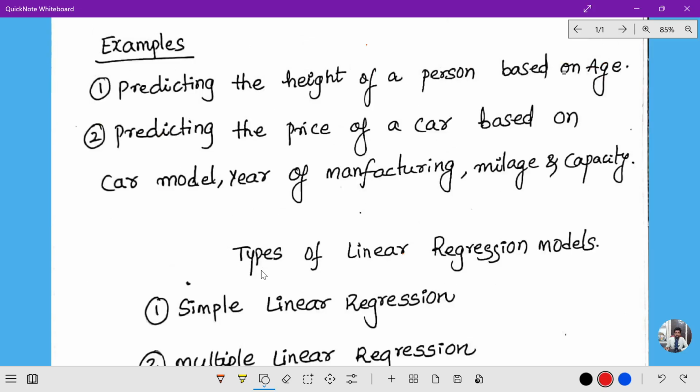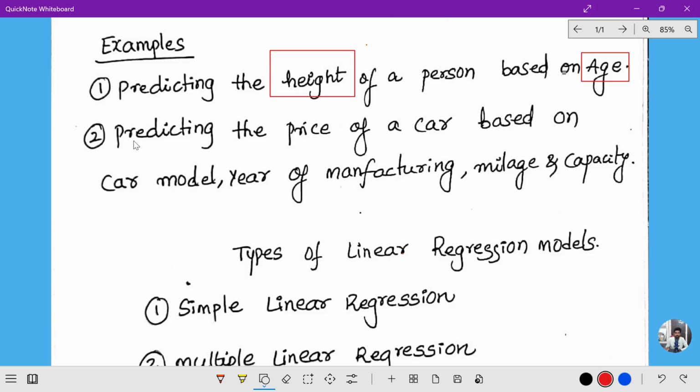The first example is predicting the height of a person based on age. Can we predict the height of a person based on the age? Yes, there is a relationship between age and height, so this is an example of linear regression.